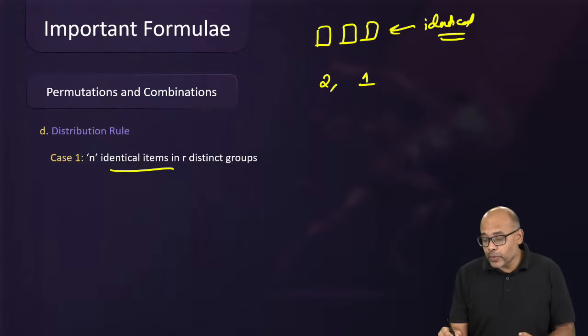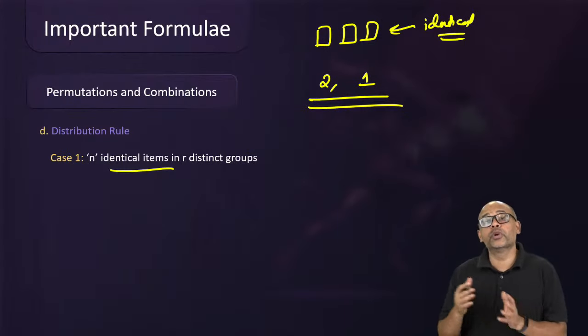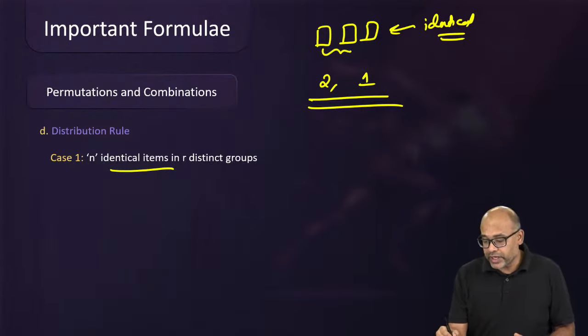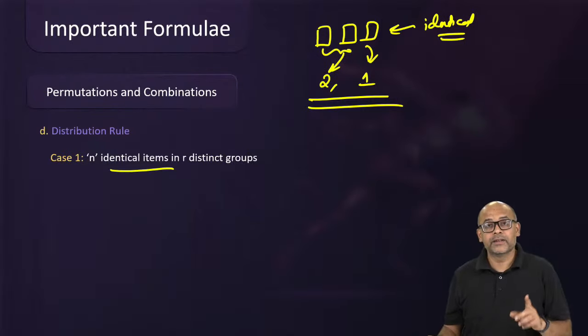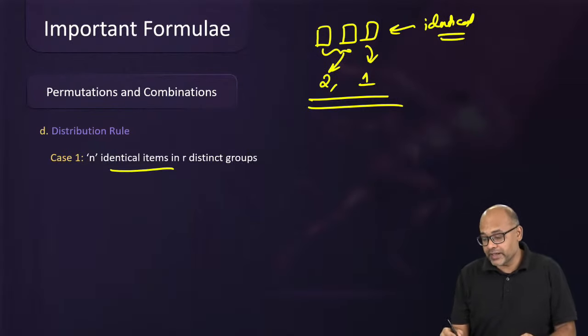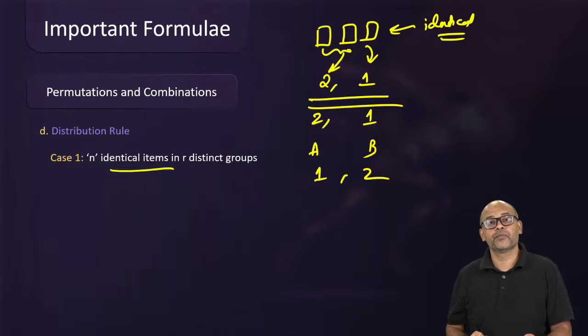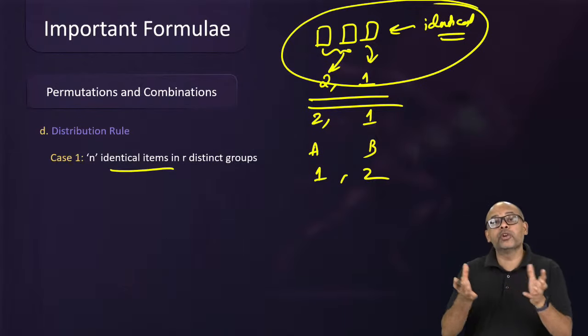Now, if the groups are not numbered, if the groups don't have a name, then you put any two books here, one book will come here, game over. But if the groups are numbered, there is a group called A, there is a group called B, then 2, 1 here is different from 1, 2 here. So it matters when you're dealing with identical items forming into groups.